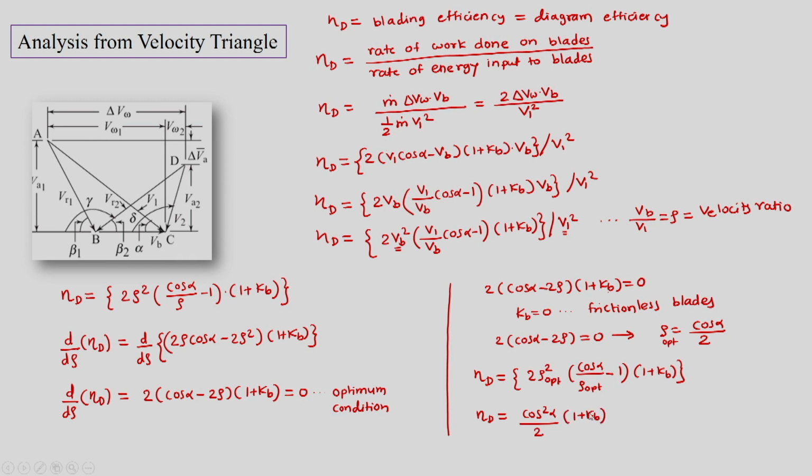So, this is our expression for diagram efficiency, and for frictionless blades it becomes diagram efficiency is equal to cos square alpha by 2 for an impulse turbine frictionless case. In general, alpha is kept in the range of 16 to 22 degrees.